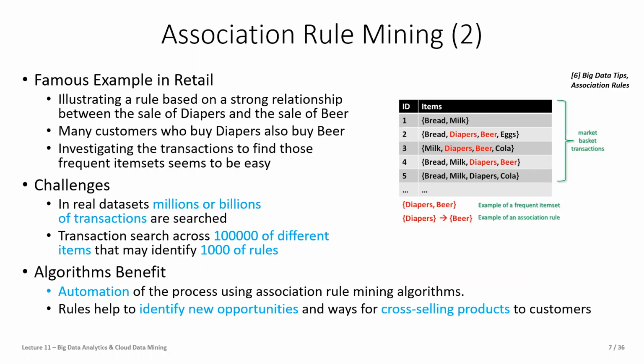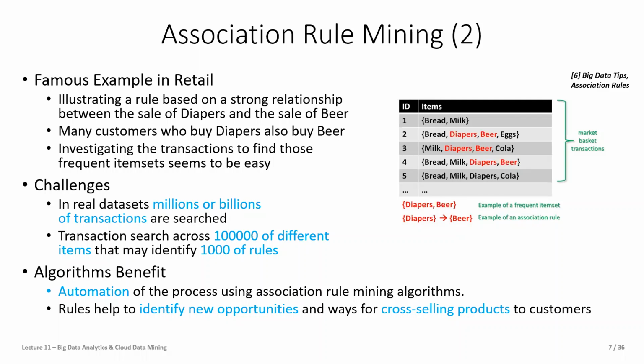People buying diapers usually don't have the time to go to the bar and enjoy a beer with a friend, so they buy it at the supermarket. So it would be interesting to create a rule that recommends beer to people who buy diapers.